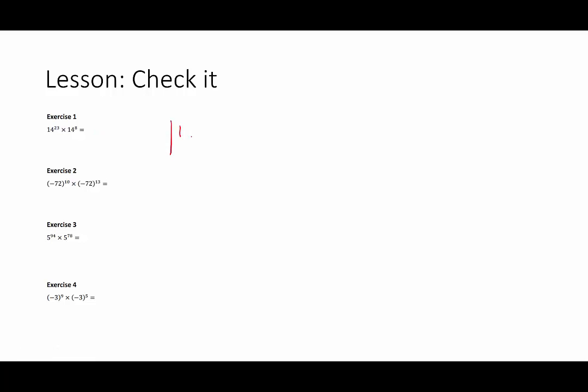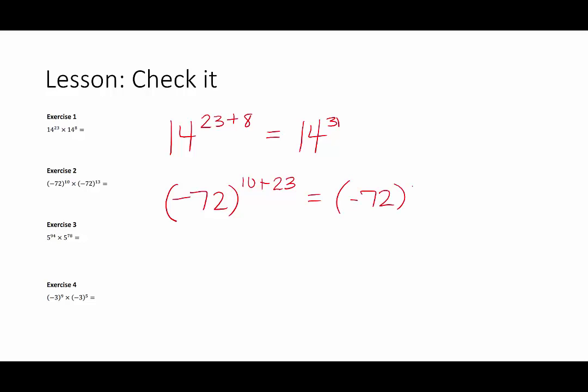We had 14 to the 23rd power times 14 to the 8th power, which is equal to 14 to the 31st power. I do not expect you to multiply that out. This one we had negative 72, which needs to stay inside the parentheses because it's a negative base, and we have 10 plus 23 in the power, which gives us negative 72 to the 33rd power.